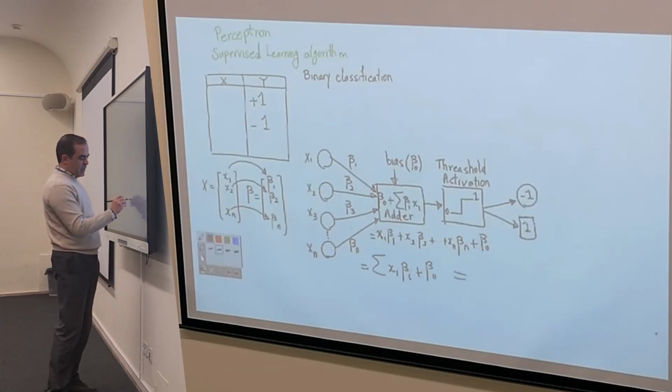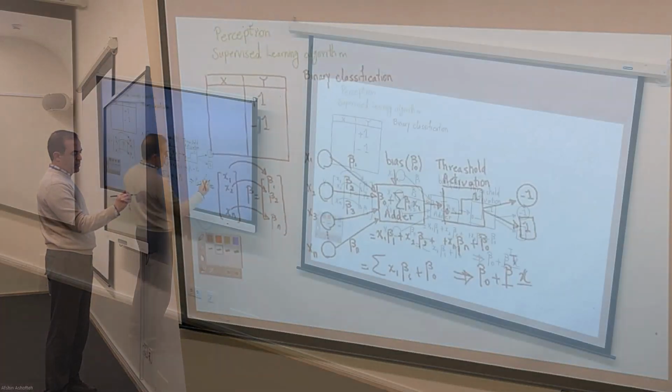That could also be written as what? As the beta null plus the beta transpose to the vector x. Okay.